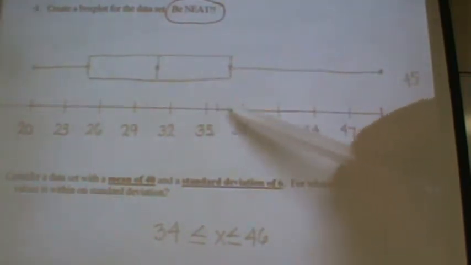So you want to make sure that when you plot your numbers, this is 20. I saw some people go like this. So let's say this was 20, they went like there, and they didn't even do a circle. If 20 is your lowest number, that's what you should have.